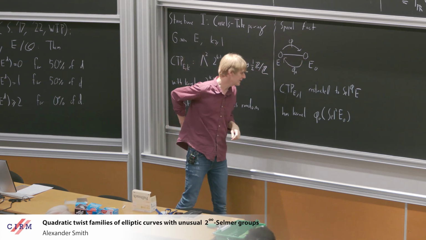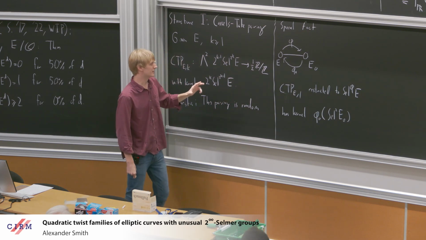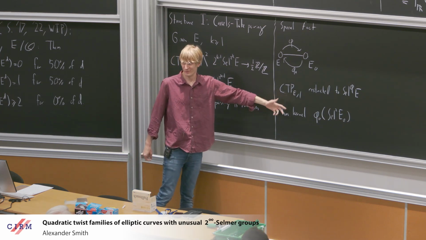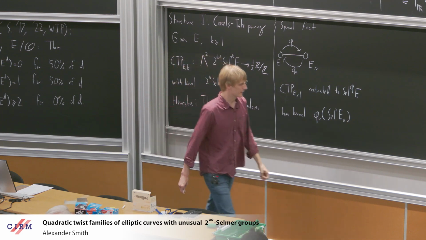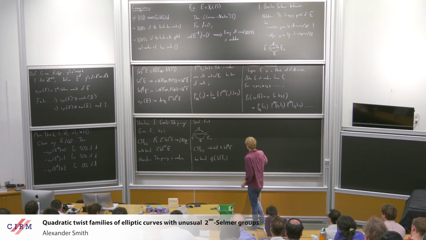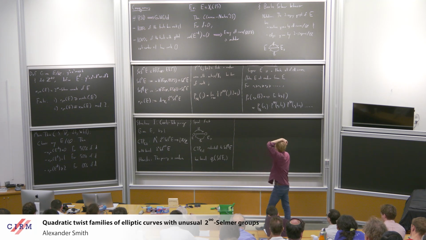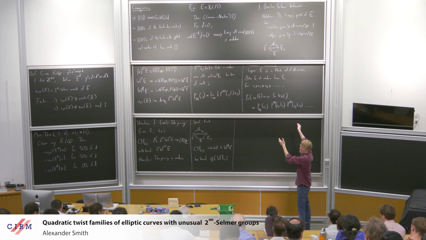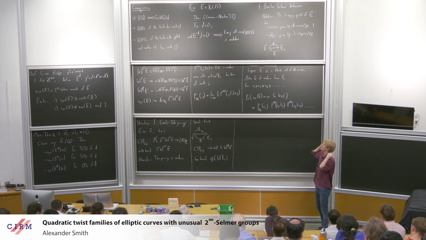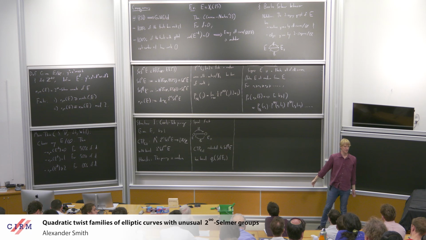So somehow this measures less, but sometimes that's useful for us. Okay, and so this is the BKLPR philosophy, and it's sort of what we expect if there's no other structure that gets in the way.